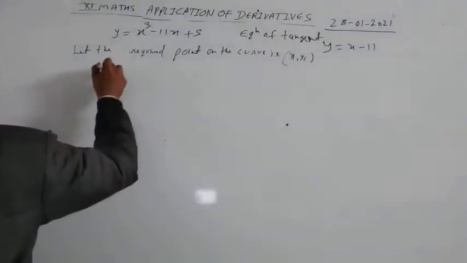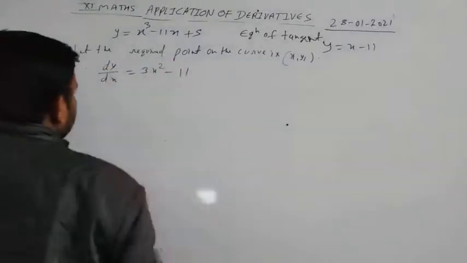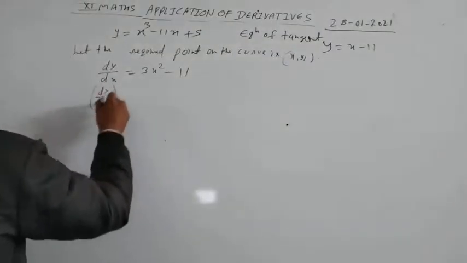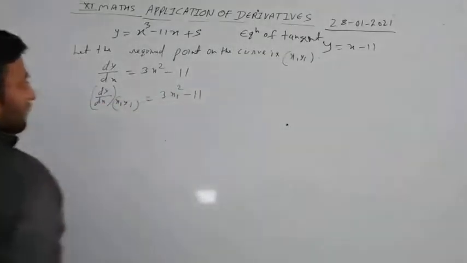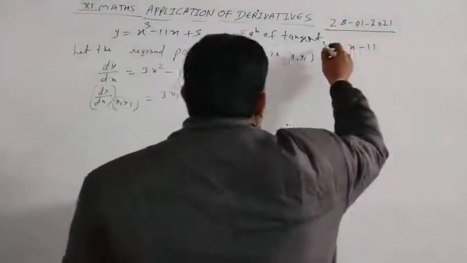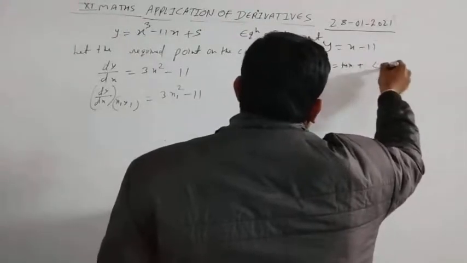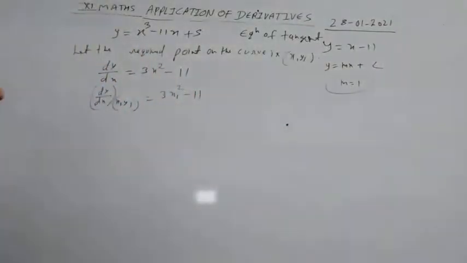Now differentiate this, dy/dx, so we get 3x² - 11. So dy/dx at the point (x1, y1), student, is 3x1² - 11. This is our slope of tangent. And when we compare with y = mx + c, our m is 1, and this is also the slope of tangent, students.